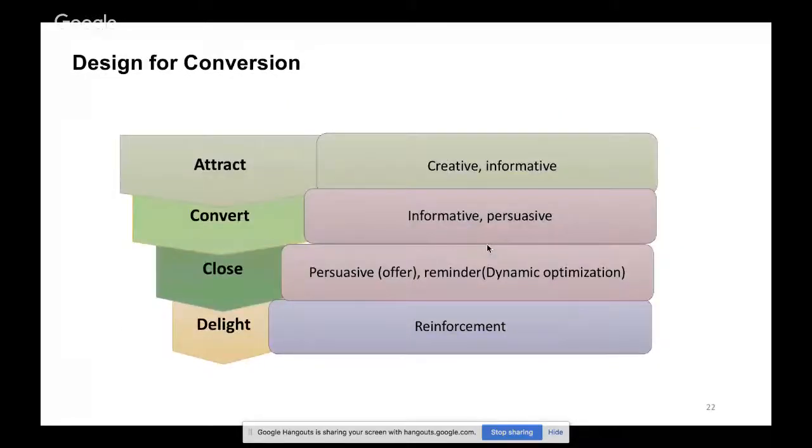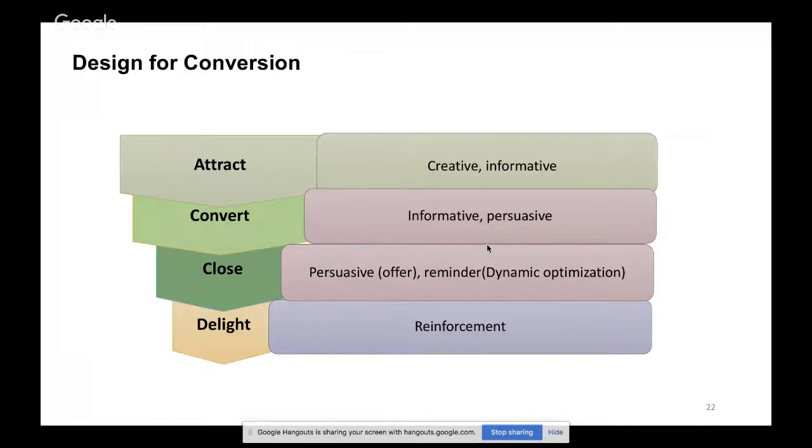Okay, so then let me introduce you to a rule of thumb that we typically use for improving the conversion rate through the design. Okay, so now let's go back to the funnel framework we use. These are the four stages customers go through in order to become our customers.